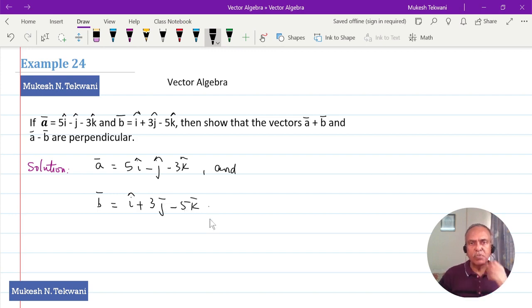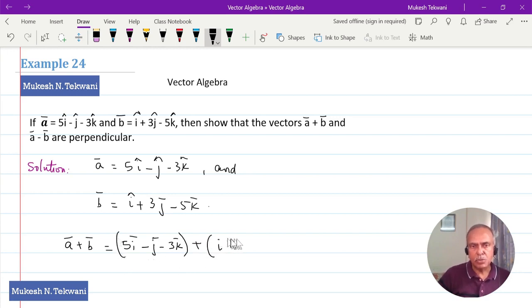Now first let us calculate what is vector A plus B. So we have vector A plus vector B will be equal to 5i minus j minus 3k, that is vector A, plus vector B, so we have i plus 3j and minus 5k.